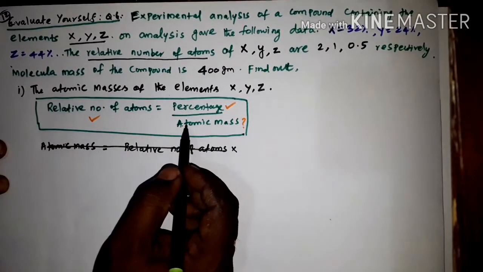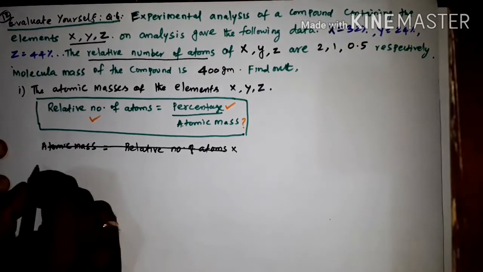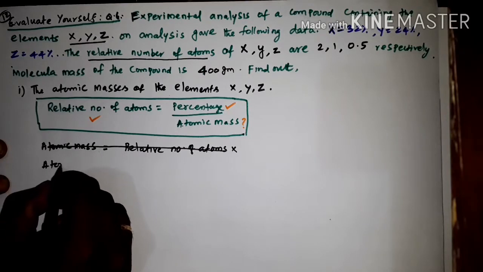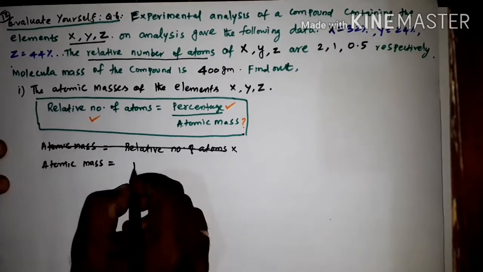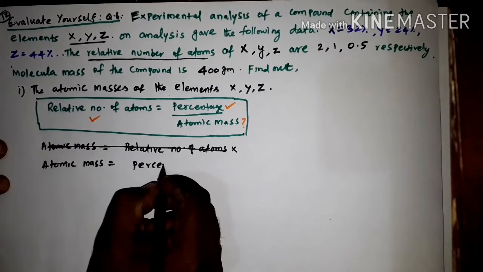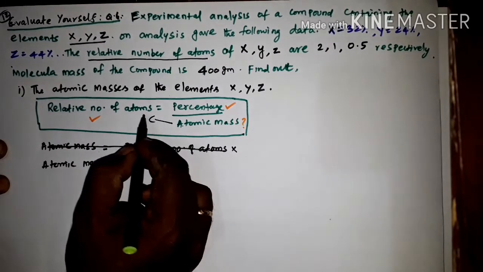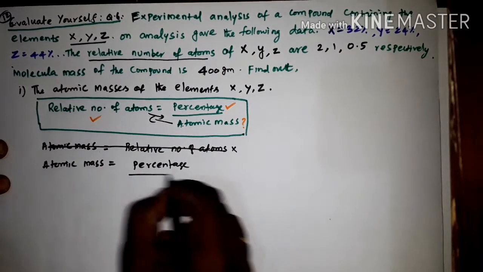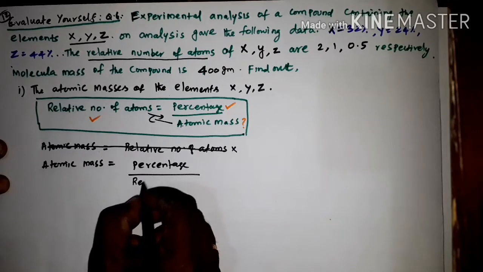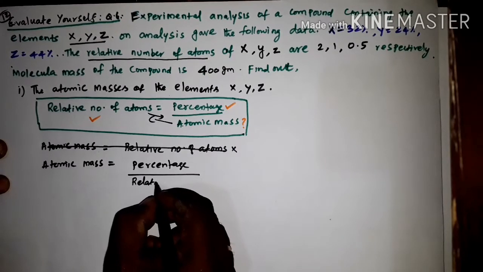So you are going to calculate the atomic mass. So atomic mass equals percentage. See, this will go and this will come down. So percentage divided by relative number of atoms.